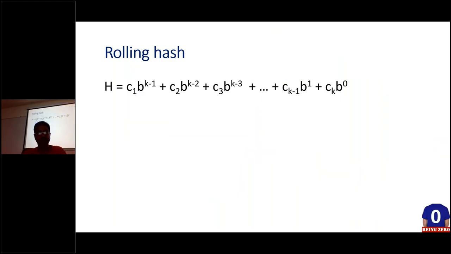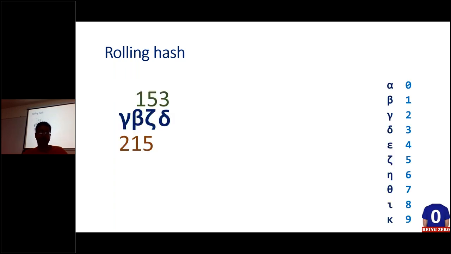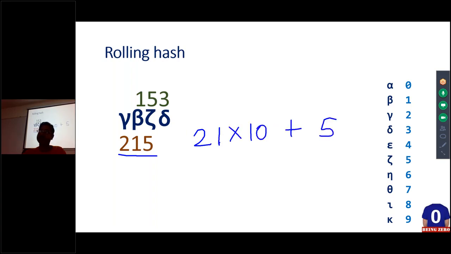One question here, Ashutosh. If we are considering this ASCII code that we just saw, multiplication and creating a number, then in what case will the hash be faulty? For every new pattern, there will be a unique hash, right? So let's say we took the example of 215, that is gamma, beta, zeta. 215 will not be generated in any other case, right? It will get generated, because ultimately we are doing 21 into 10 plus 5, right?